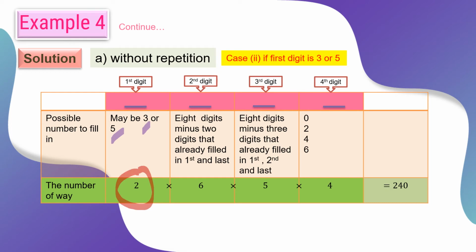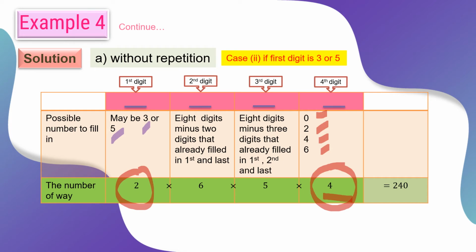Okay, next we go to the last place here. You can put 0, 2, 4, 6. So how many digits can you put here? 4, because in the first we chose 3 and 5, so they are different numbers. So how many digits can you put here?